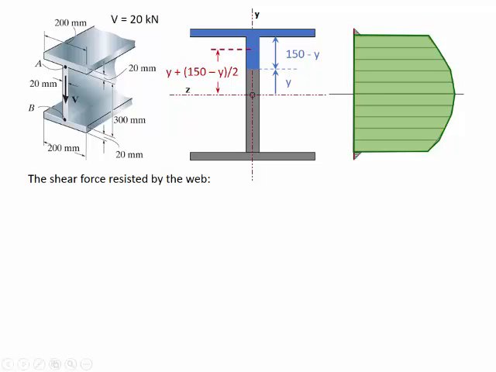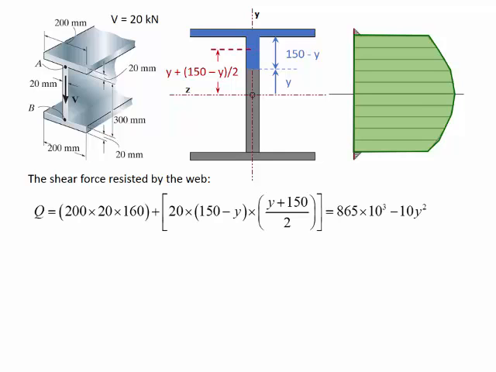So I'm just going to write a formula for the first moment of area at any arbitrary point located at a distance y from the neutral axis, where y is going to vary from 0 to 150 millimeters. And this is what I have here. So you notice that the first moment of area is a function of y, and I could plug in any value of y, I would obtain the corresponding first moment of area.